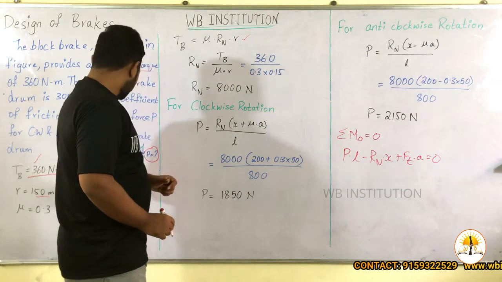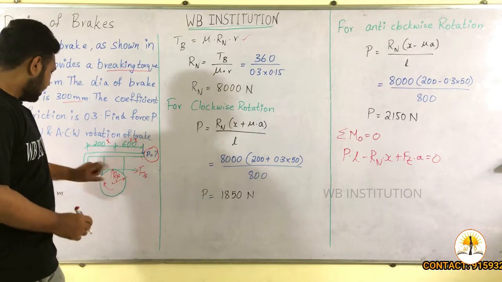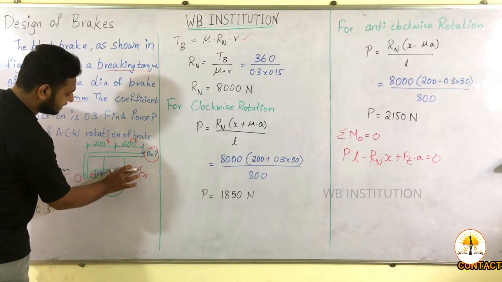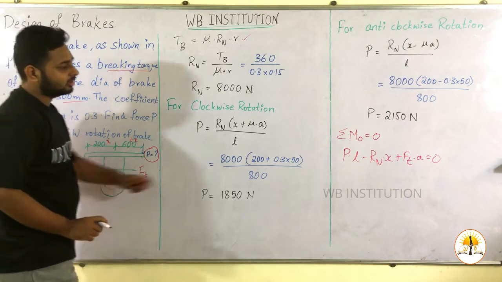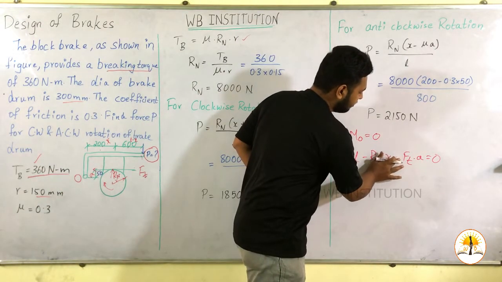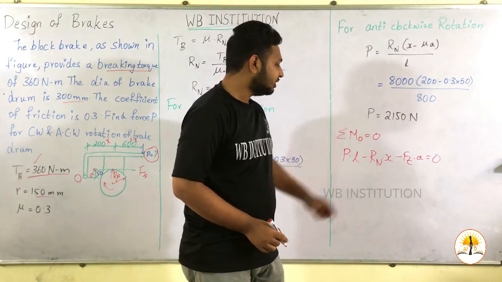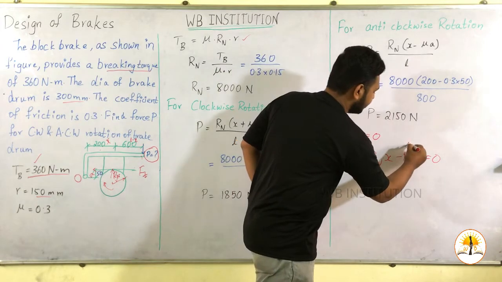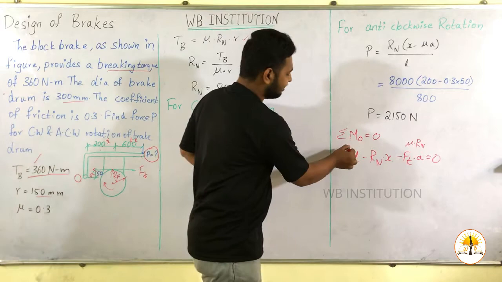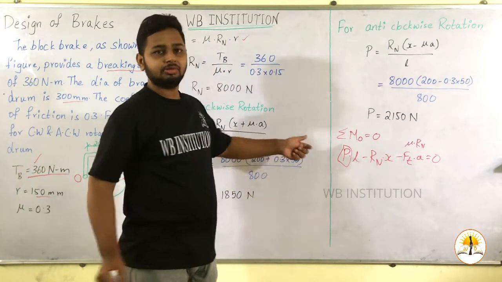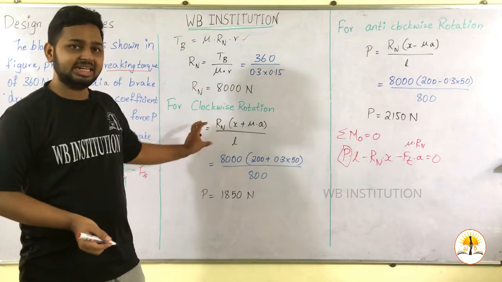Now if we take this as an anti-clockwise direction, this will be the direction of frictional force, then the frictional force will be a negative value. So from this equation we know all the values, we just need to substitute. Ft we also know, that is mu into Rn. If we substitute the values, the only unknown value will be P. Then we can calculate for the clockwise direction. We don't need to remember this equation.